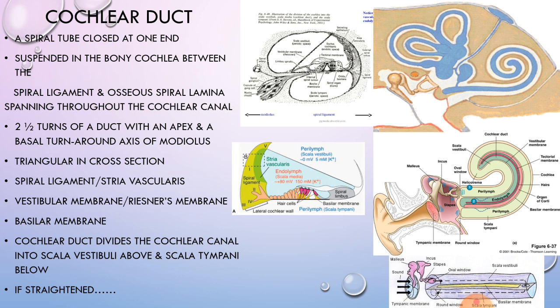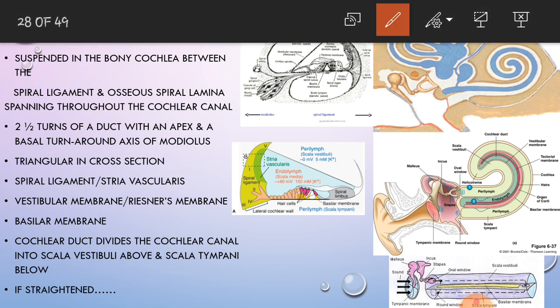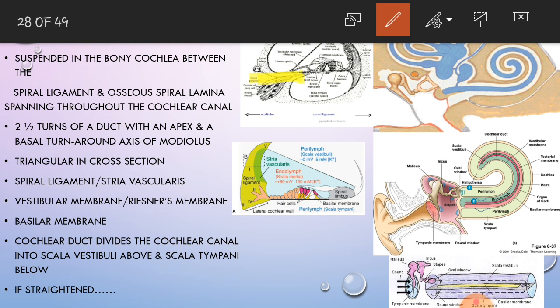Okay, let me mark these. Have a look at this. This is the osseous spiral lamina of the cochlear canal. Now a ligament extends from the osseous spiral lamina to the lateral cochlear canal wall and makes this basilar membrane.